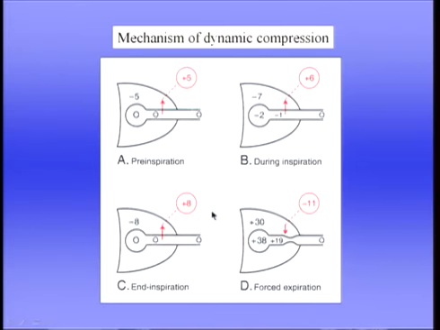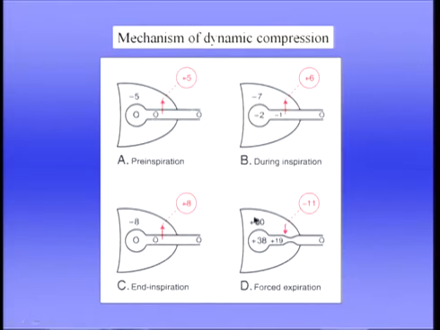Now, the interesting events happen during the forced expiration. This subject is asked to make a sudden maximal expiration. His abdominal muscles contract strongly, and intrapleural pressure bumps up to +30 centimeters of water. Okay?